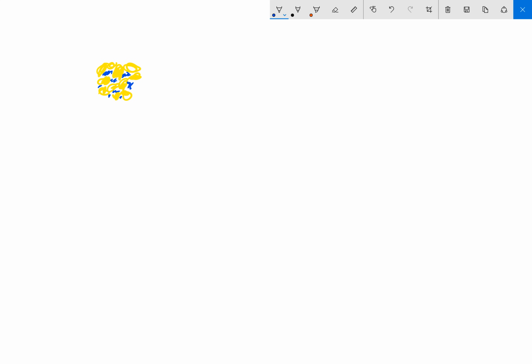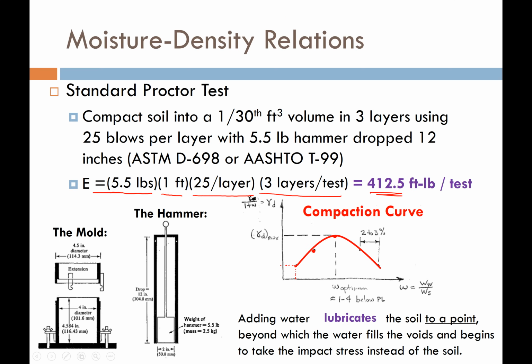And the only way we're going to get more water into that soil is if the particles get farther apart so the void space can get bigger, so there's a place for the water to be. At that point, we're beginning to approach saturation of the soil, and we lose dry density because the soil particles are getting further apart, not closer together. That's what happens on this down side portion of this curve.